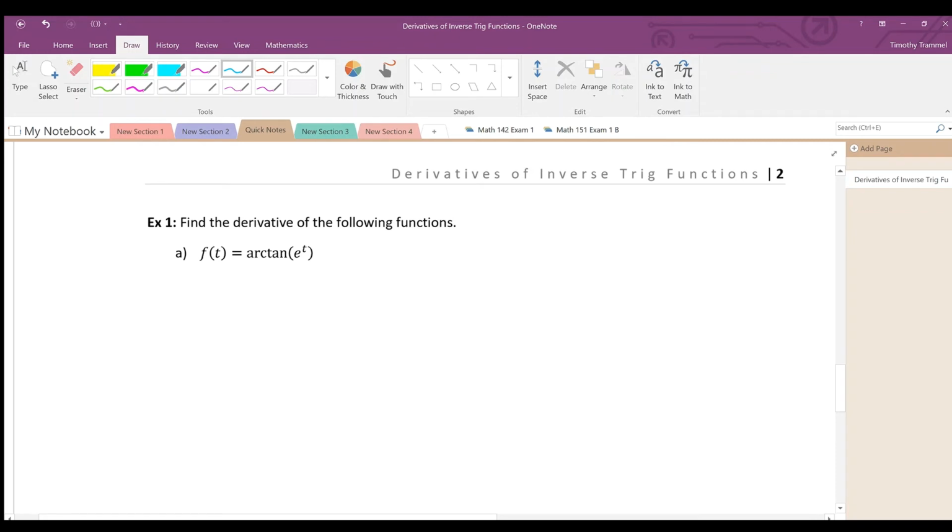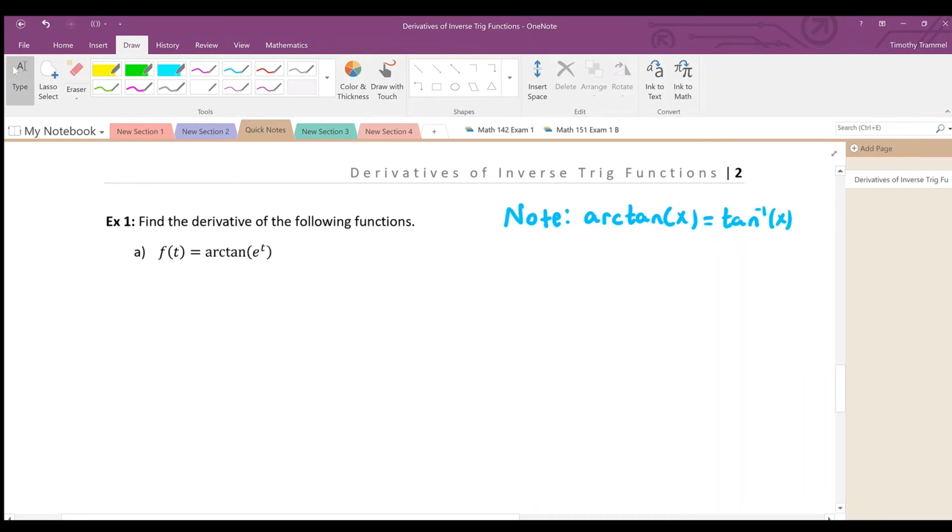Now that we're on to page 2 here, we're going to practice using these new formulas for our derivatives of our inverse trig functions. And there's one thing I'd like to point out before we even start this one: if we were to have arctangent of x, all that means is tangent inverse of x. It's just a different notation. Depending on what textbook you're using in physics or math will depend on which one of these two notations will pop up more.